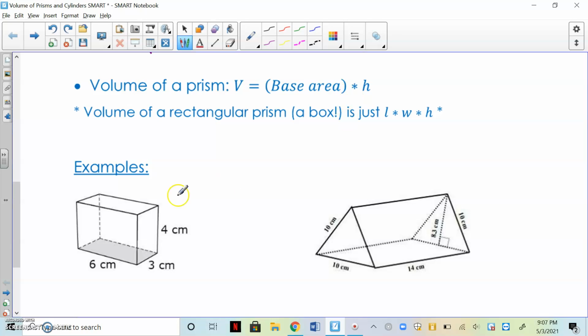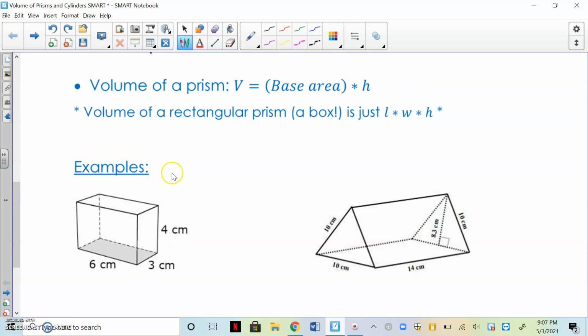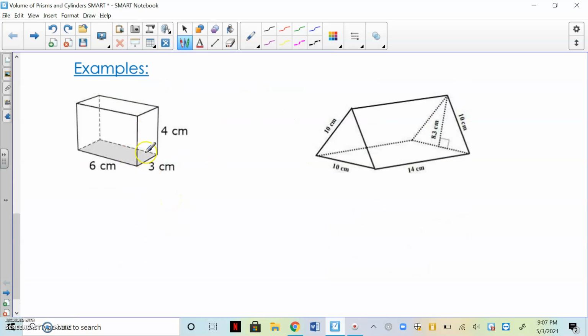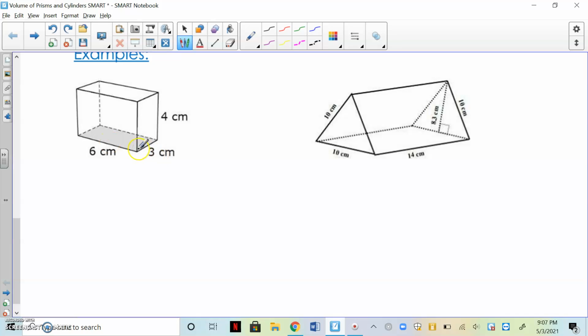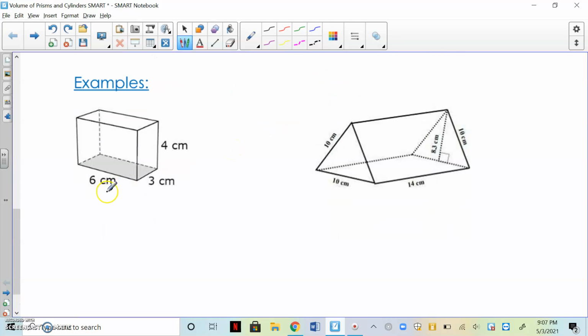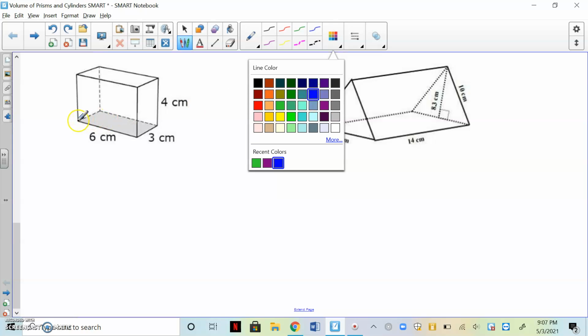Something worth noting is that if you are working with a rectangular prism, aka what you guys know as a box, you can just do length times width times height, and in just a sec I'll go over that. You'll see that doing that is pretty much the same thing as doing base area times height. So for this example, we have this box with these dimensions, and if I wanted to follow this base area times height formula, we can say that my base is a 6 by 3 rectangle.